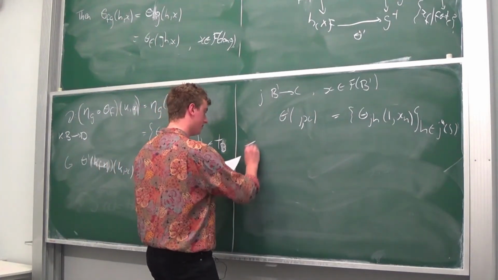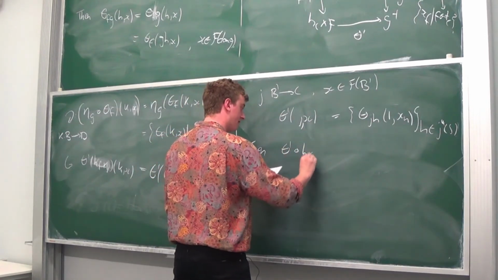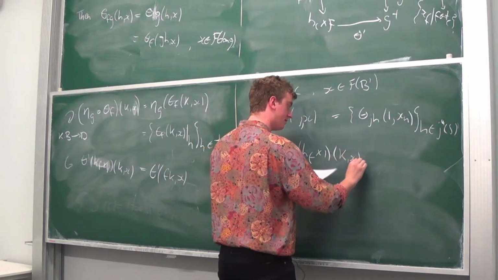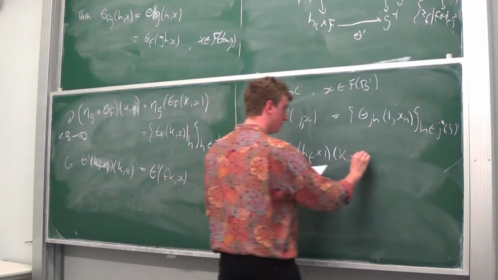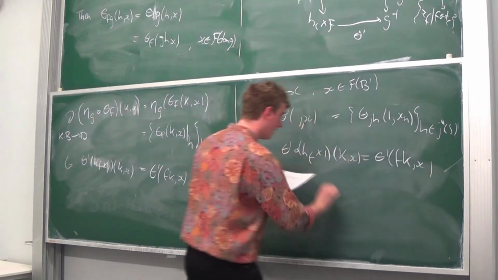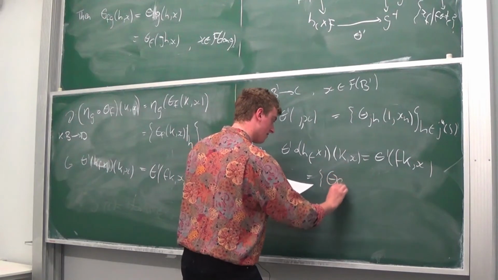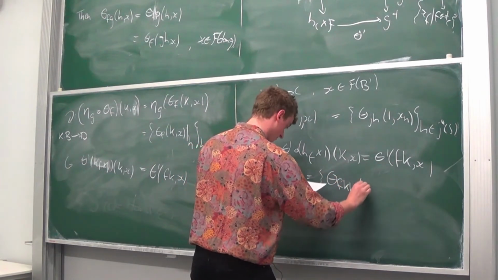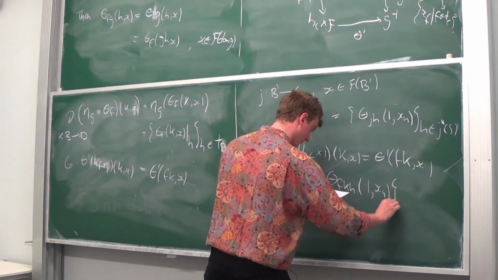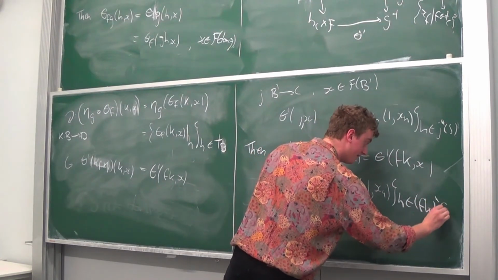Then indeed, we'll have that theta prime of hf times 1 of kx is equal to theta prime of fkx. This is equal to the matching family theta of fkh of 1xh for all h in fk star s.